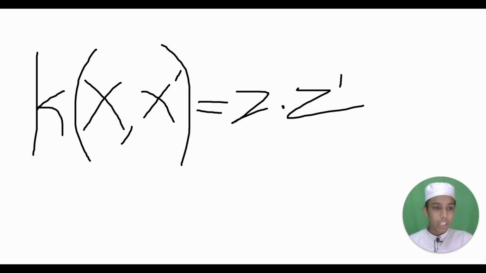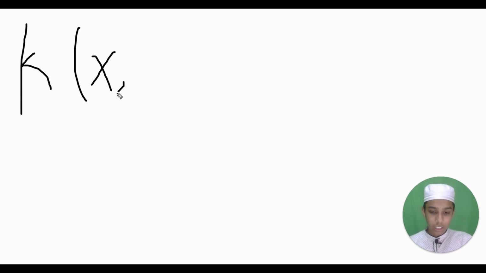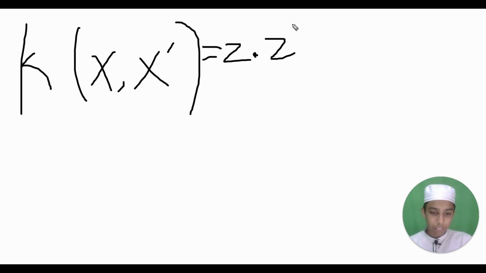Like for example, let me clear all of this and write k again. In the brackets we have x, x prime, and this is equal to z multiplied with z prime.